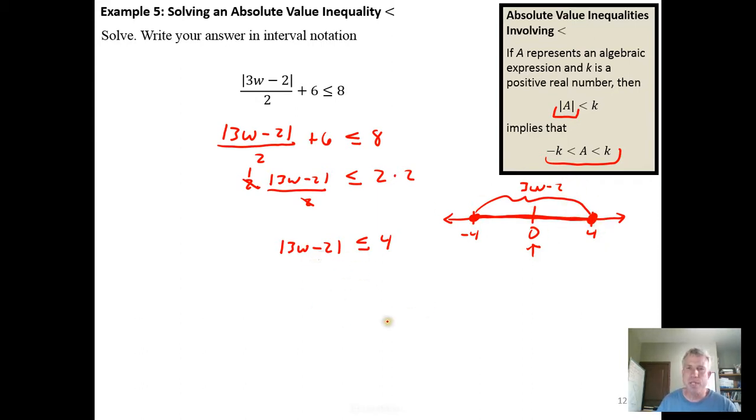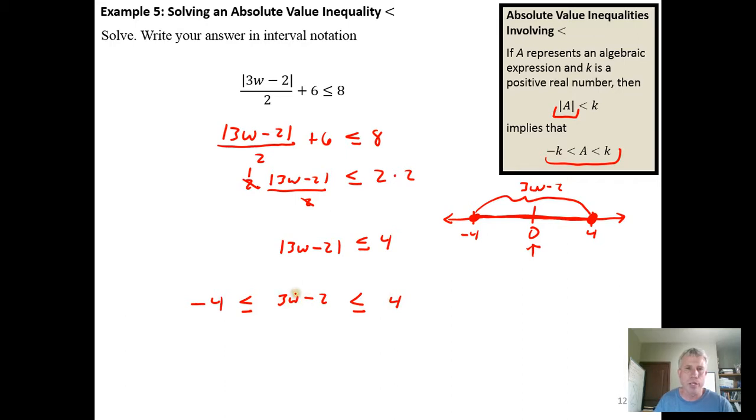So that tells me that I can break this out into a 3-part inequality. I have 2 bounding numbers, negative 4 and 4, and 3w minus 2 has to live between them. So now I have a 3-part inequality. I'm going to solve this the same way that I would a 3-part equality.